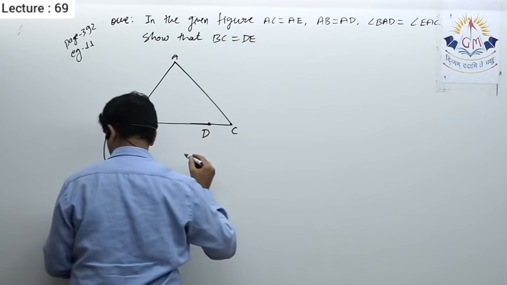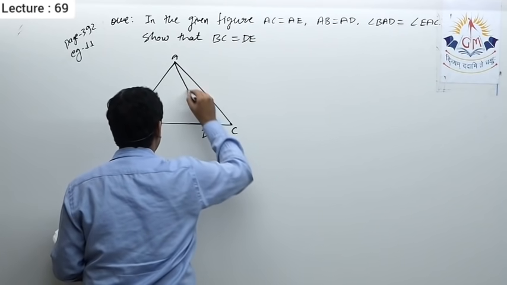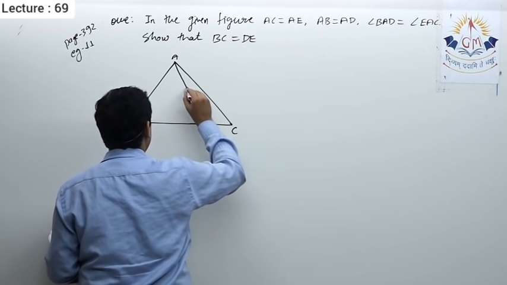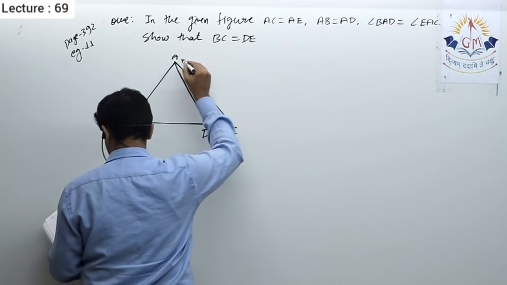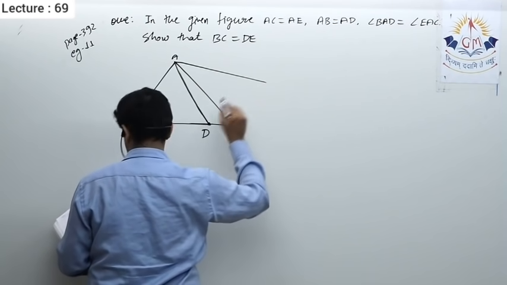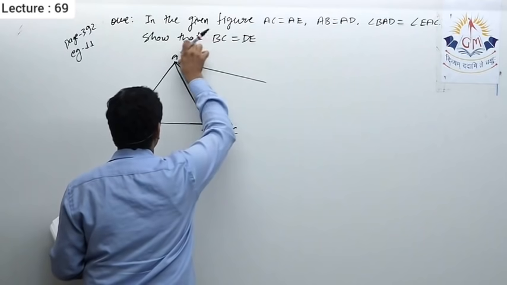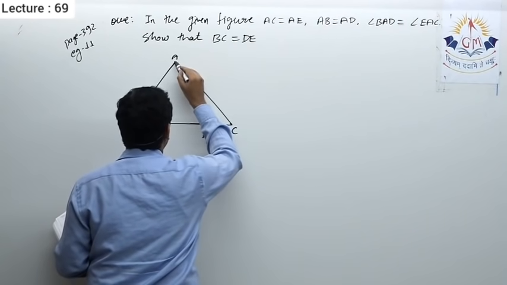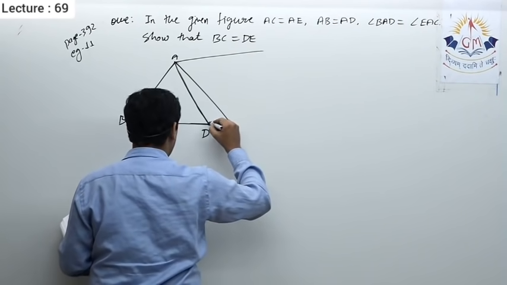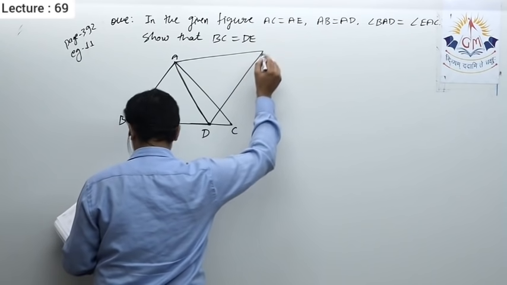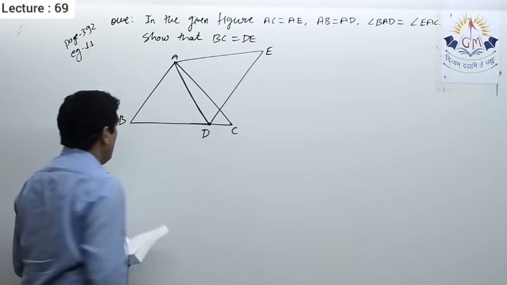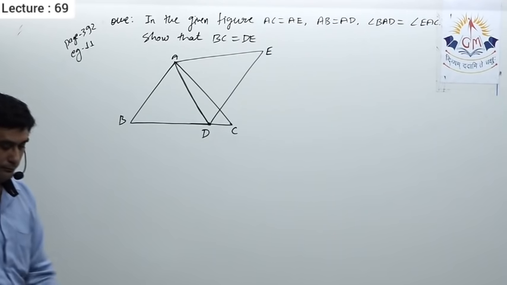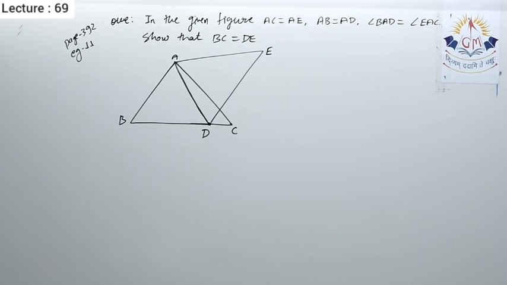Let this point be D. Okay, this is the diagram. So think for a while, then I will give you its solution.